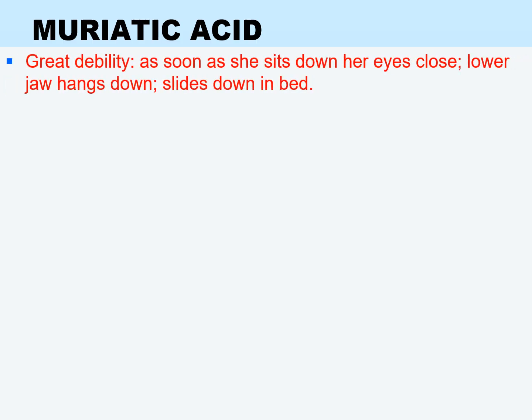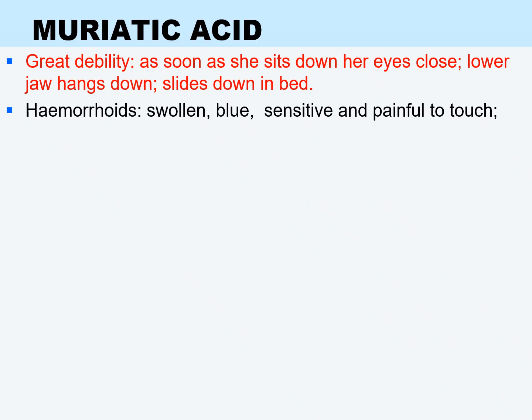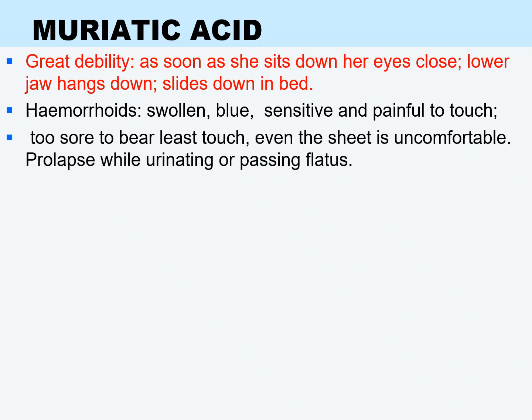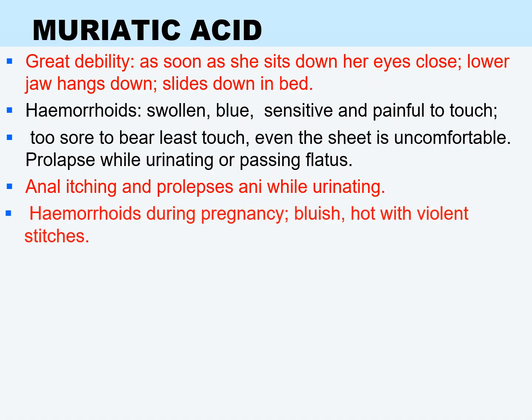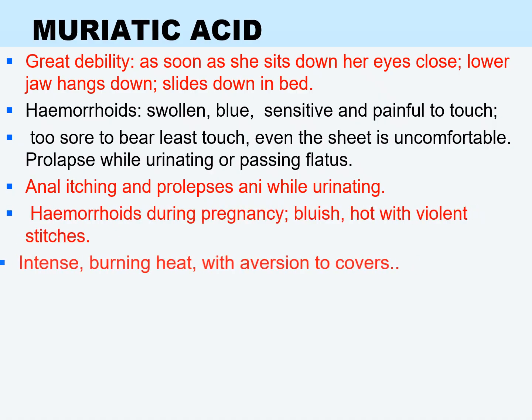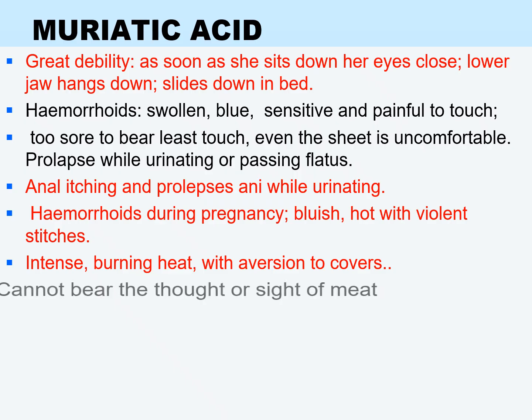Muriatic acid is an important homeopathic remedy for severe hemorrhoids during pregnancy, especially when the piles are bluish, swollen, extremely sensitive, and very painful to touch. Even slight contact, like bed sheets, may feel unbearable. It is indicated when there is intense burning, stitching pain, and marked soreness, often with prolapse of hemorrhoids, while urinating or passing flatus.